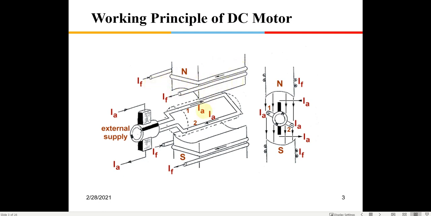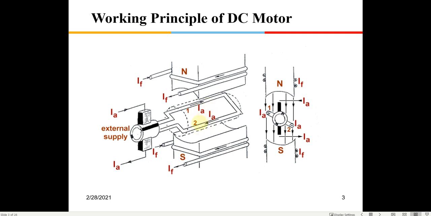So you have field currents going into these two poles, and a magnetic field is set up, in which there is an armature. You supply the current into the armature through a split ring. Once current flows into the armature, under the influence of the magnetic field a force is experienced by this coil, and that will rotate the coil.